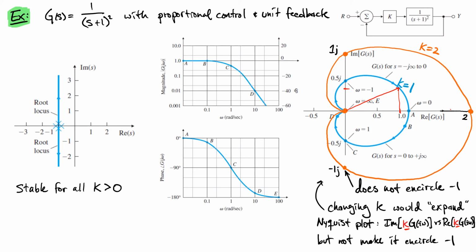So you're going to double that out, and the corresponding point would be around right here, because again the phase doesn't change, and twice that would get you out to here. So you're going to essentially expand this heart shape from the Nyquist plot by a factor of 2.